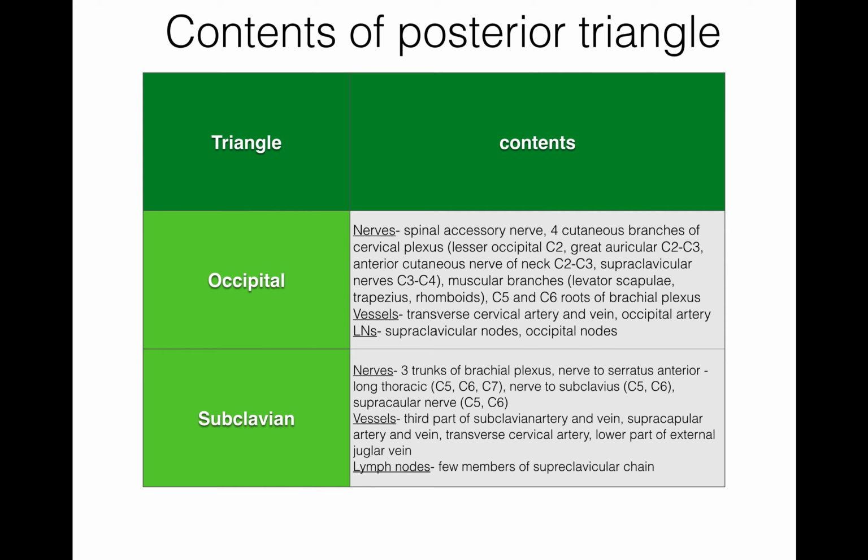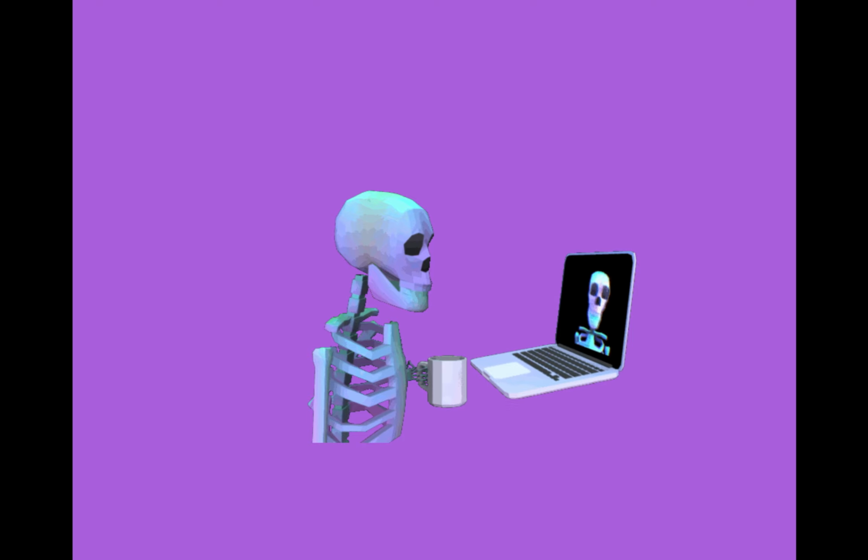And the vessels include the third part of the subclavian artery and vein, and suprascapular artery and vein and transverse cervical artery, as well as the lower part of the external jugular vein.